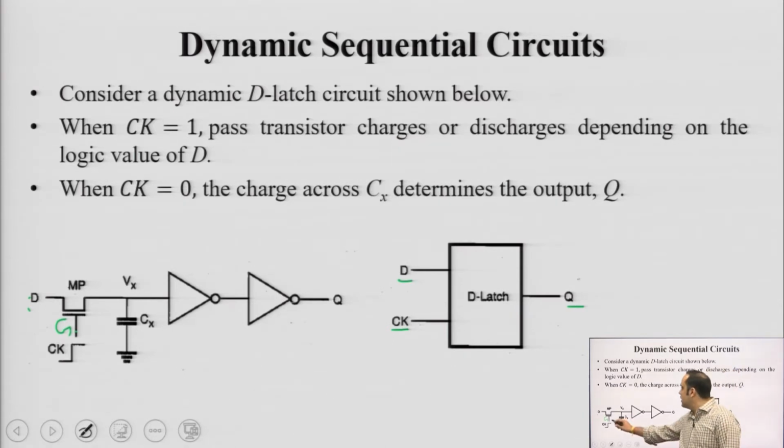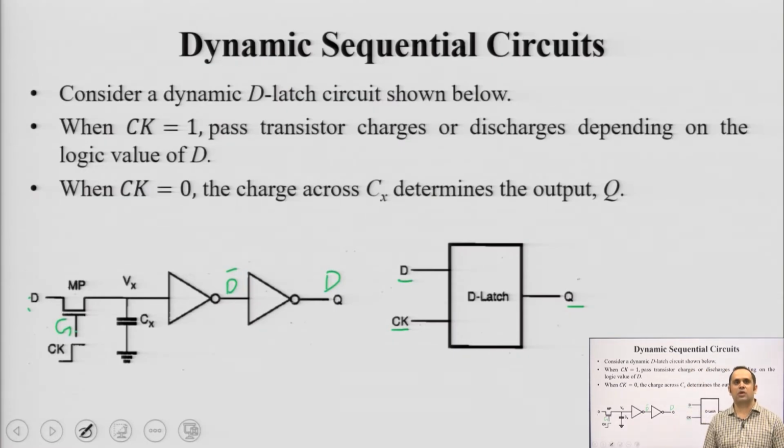So, whenever the clock goes from 0 to 1, positive edge triggering, D is sampled at this node Vx. Cx is your parasitic capacitance across which charge is now being stored. It is inverted here, so you get D bar, and inverted again, and D reaches the output.